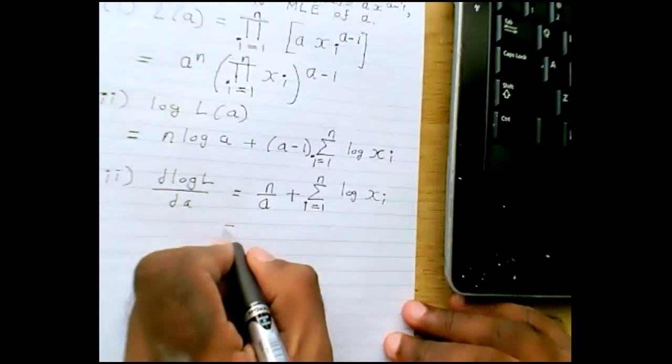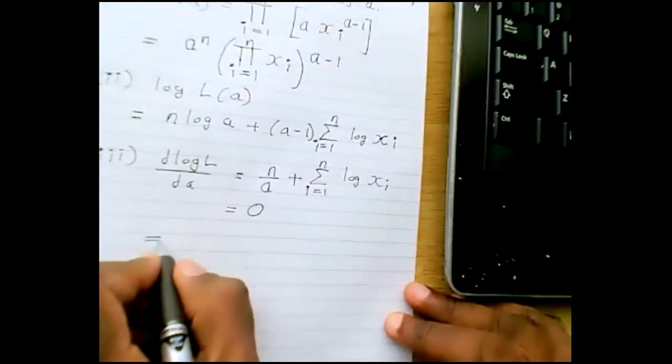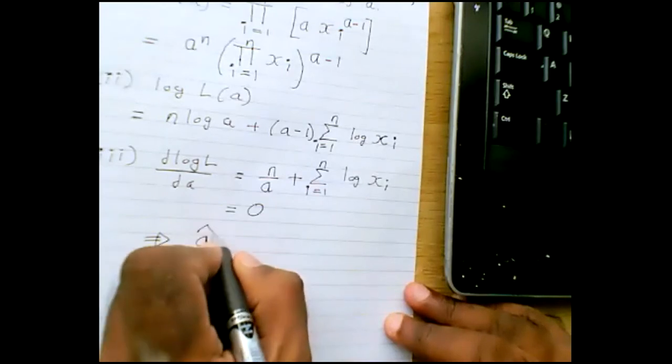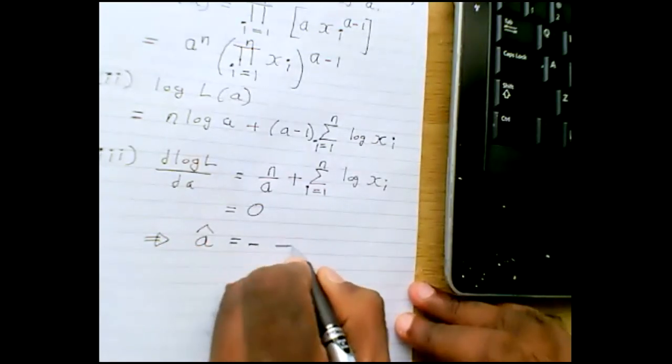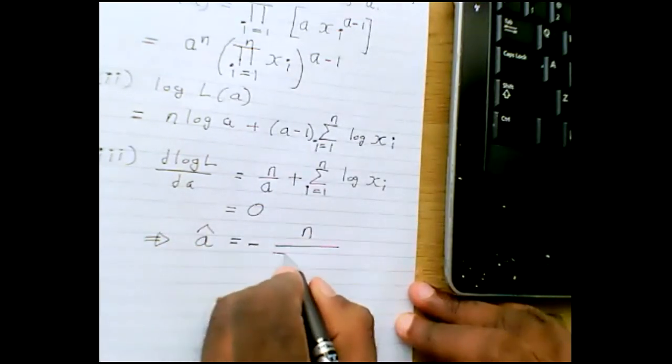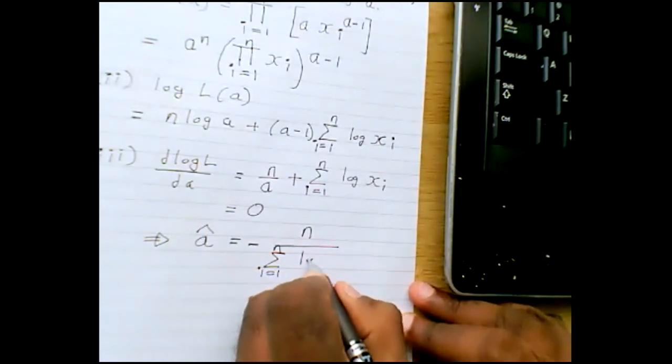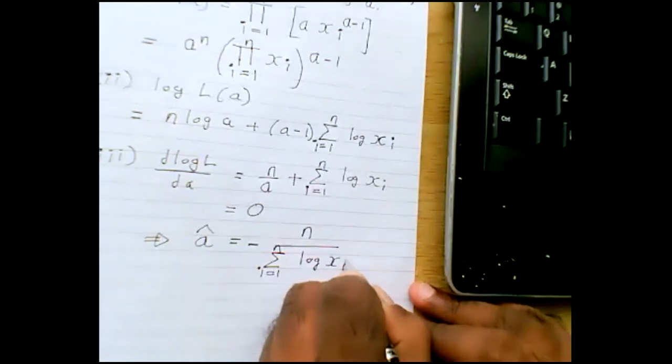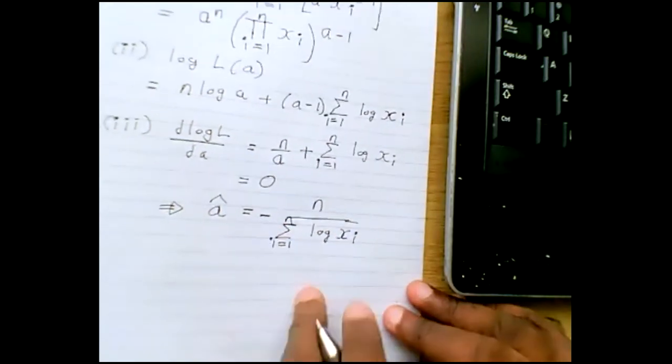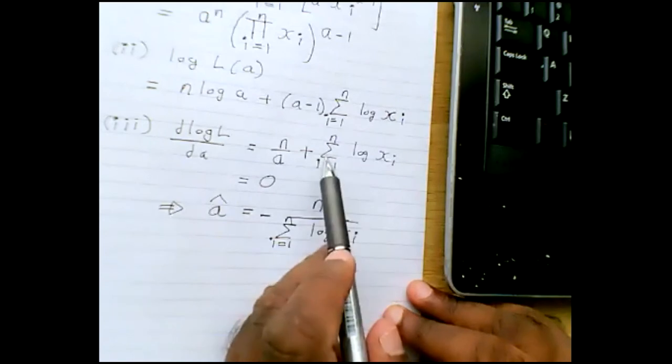And set this to 0 and solve for a. You get a hat equal to minus n over the sum of log of xi. Okay. So this is the solution of this equation here, right?